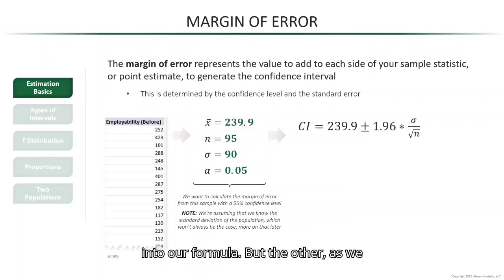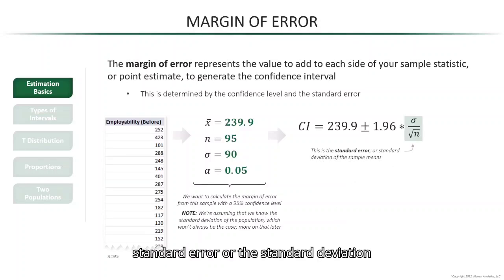But the other, as we can see from our bullet here, is the standard error, or the standard deviation of the sample means. And if you think about it, it makes a lot of sense. We know how many standard deviations away from the population mean we're allowing the sample mean to be based on our confidence level. All that's left is to know what the value of a standard deviation actually is.